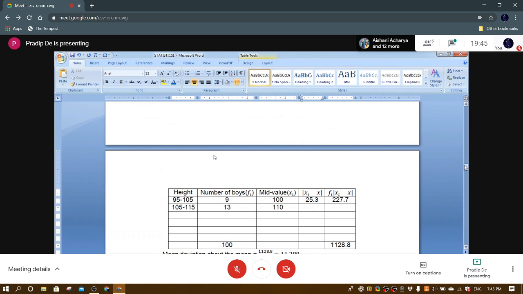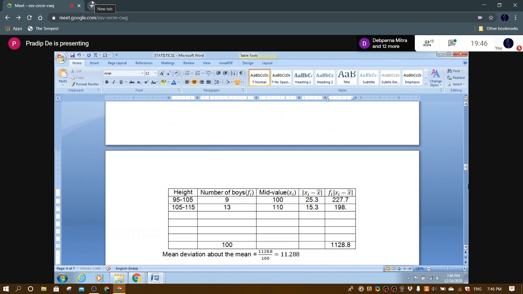What is your second line? Mod of xi minus x bar, this was 15.3. Fi into mod xi minus x bar, second line, so 198.9.